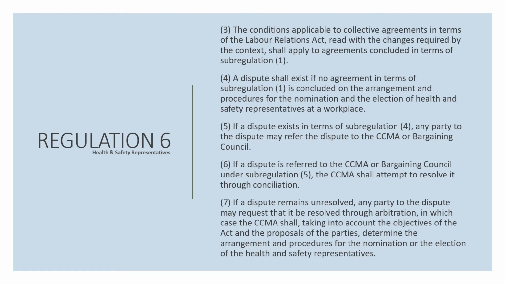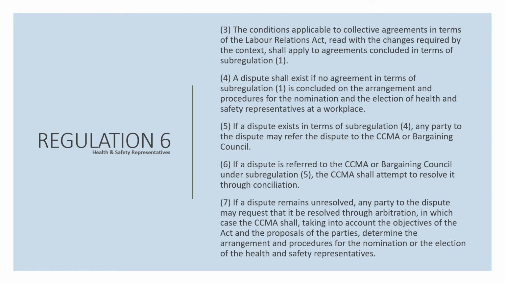A dispute shall exist if no agreement in terms of Subregulation 1 is concluded on the arrangement and procedures for the nomination and election of health and safety representatives at a workplace. If a dispute exists in terms of Subregulation 4, any party to the dispute may refer the dispute to the CCMA or Bargaining Council.